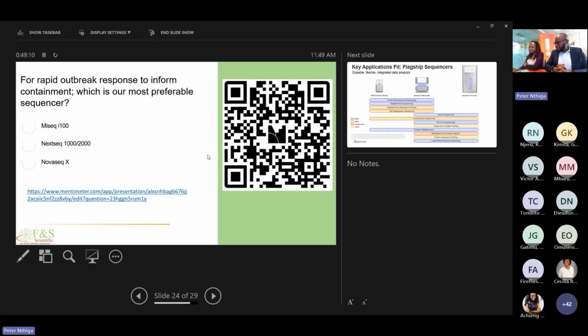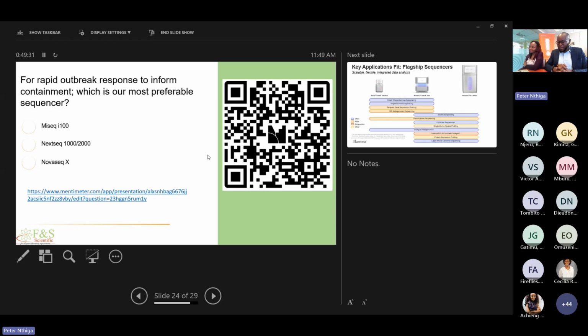MiSeq i100, okay. MiSeq i100. Awesome. For the sake of time, we'll quickly go on.